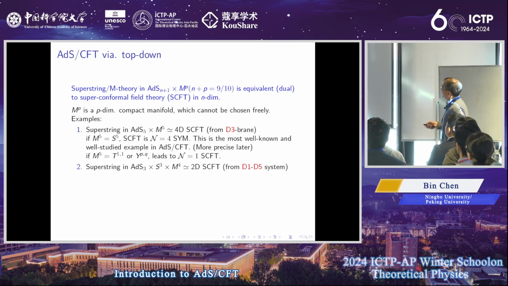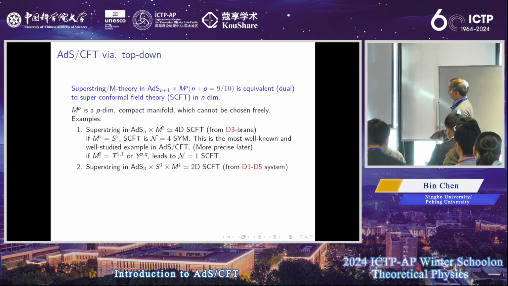Another important example comes from the D1-D5 system. This is quite an important system, and has played a very important role in studying the entropy of black holes in string theory. From this system, one can precisely give a microscopic counting of the black hole entropy.